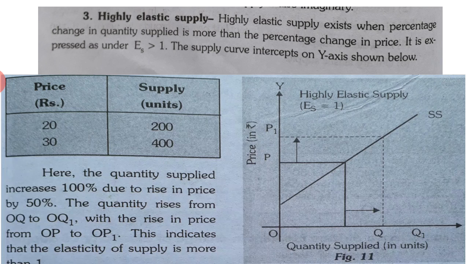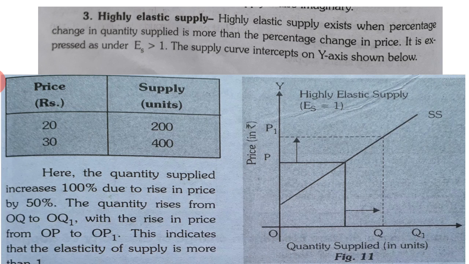Next, highly elastic supply, you can say more than one unit. So here what happens? In highly elastic supply, percentage change in quantity supplied is more than the percentage change in price. So that is, the elasticity of supply is greater than 1, and this supply curve intercepts on y-axis.